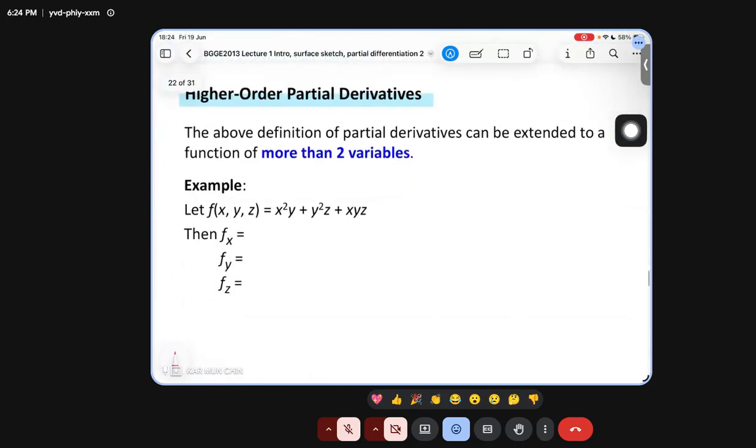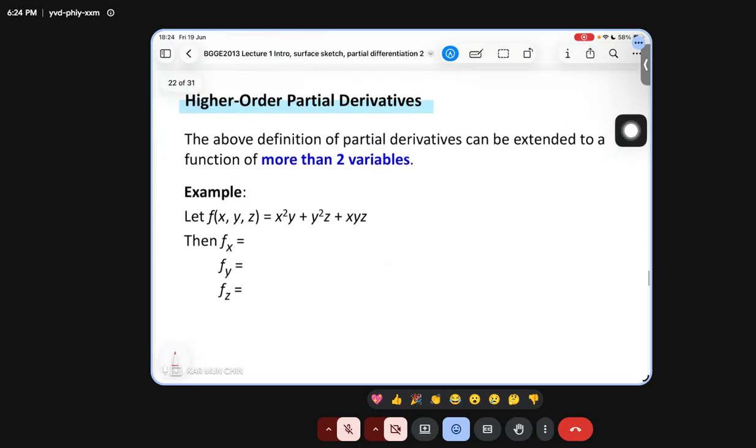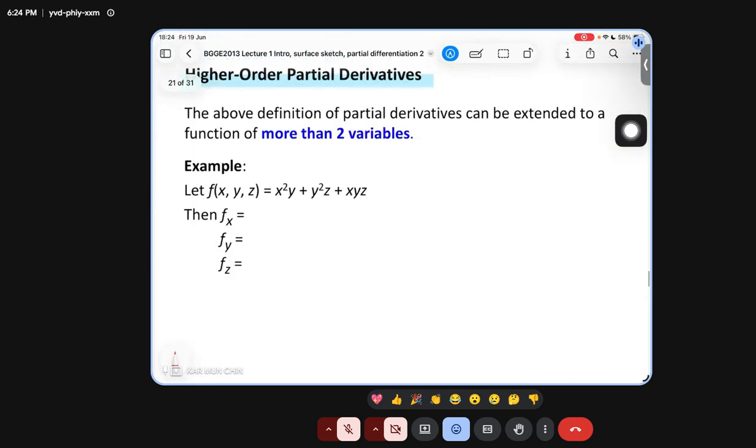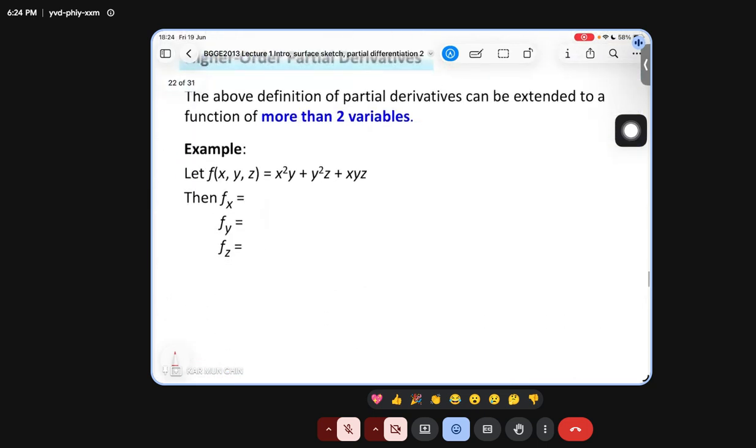Next, for the higher order partial derivative, the above definitions of partial derivative can be extended to functions of more than two variables. Just now in the example, you only have two variables, x and y, right? It can be more than two variables.